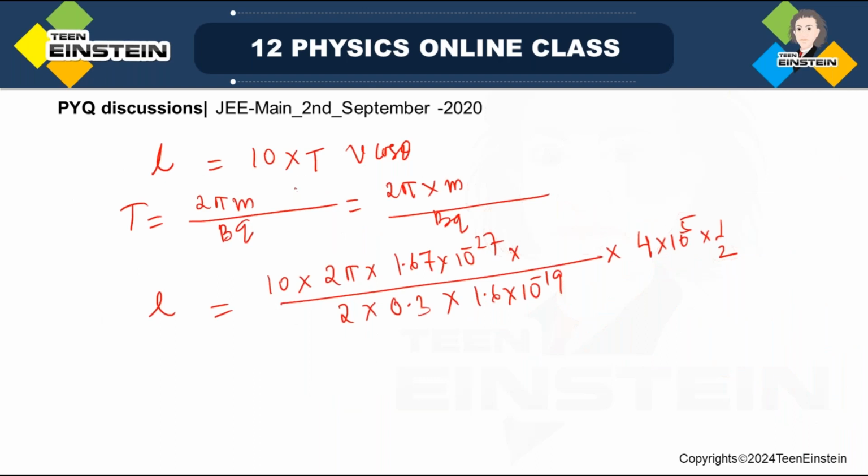Okay, this 2 will not be there then. So if you do this simplification, you must be getting 0.44 meter.